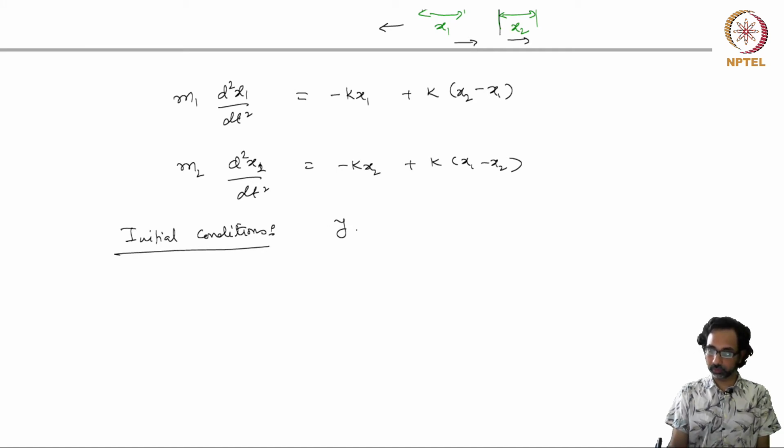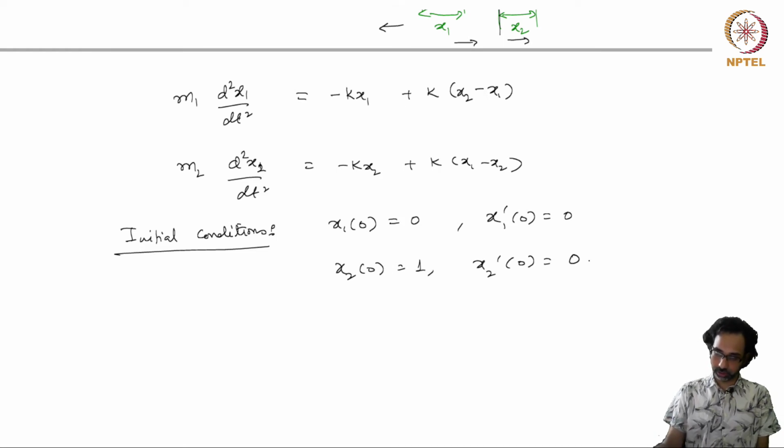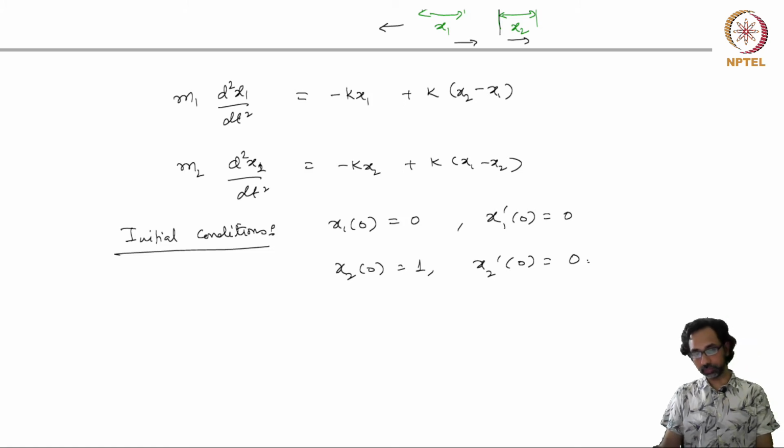For example, x1(0) can be 0, x1 prime (0) can be 0, x2(0) can be 1, x2 prime (0) can also be 0. So we can solve this kind of equation using these initial value problems, using the same Laplace transform technique.